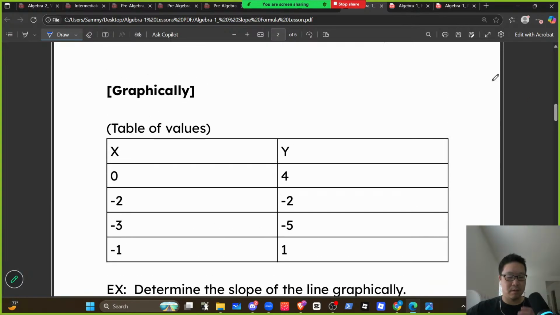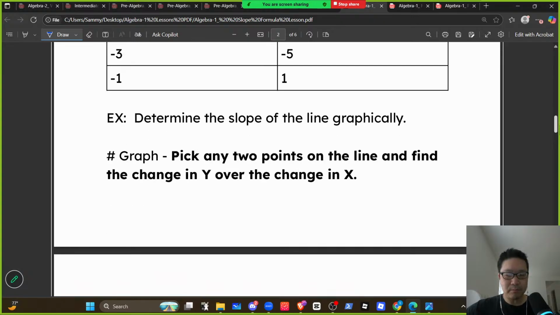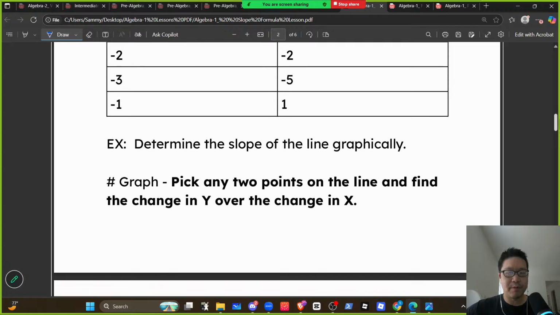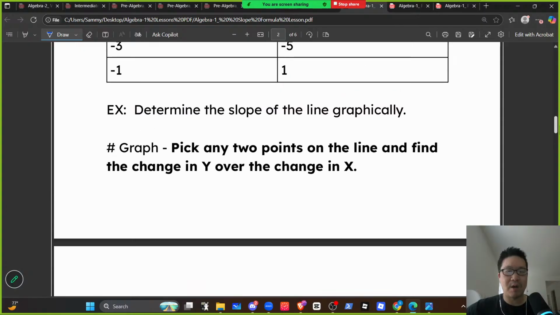Graphically, you would do it using a table, like we did in our last lesson. Here we have a table, and it says determine the slope of the line graphically. Pick any 2 points on the line and find the change in y over the change in x.